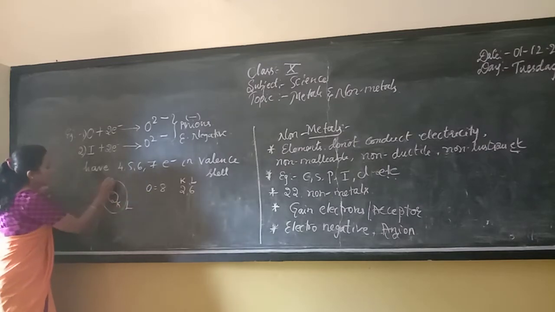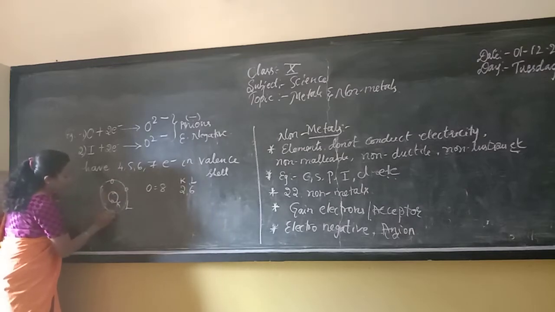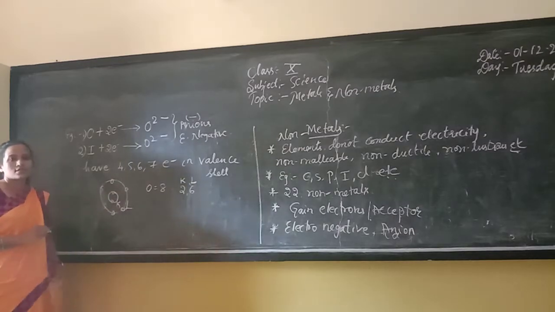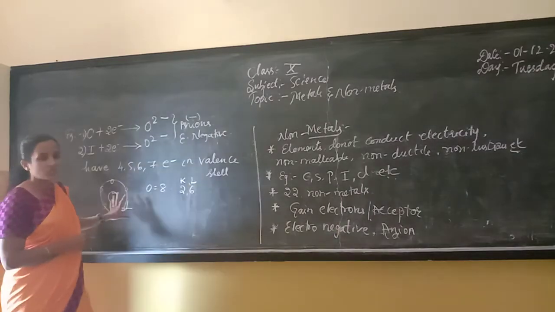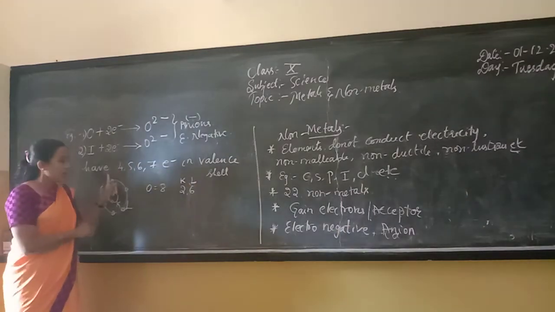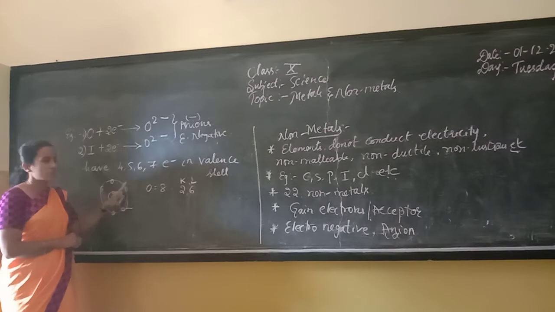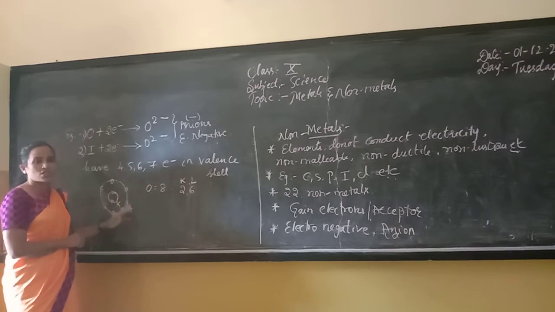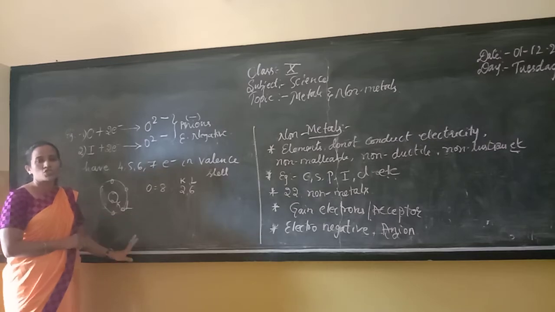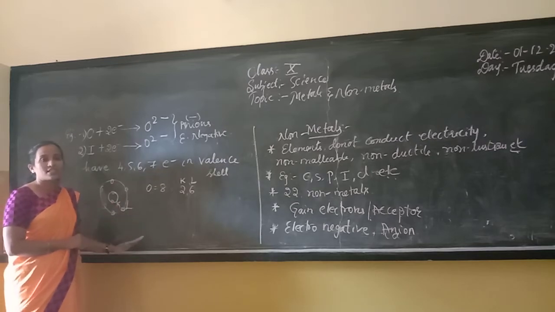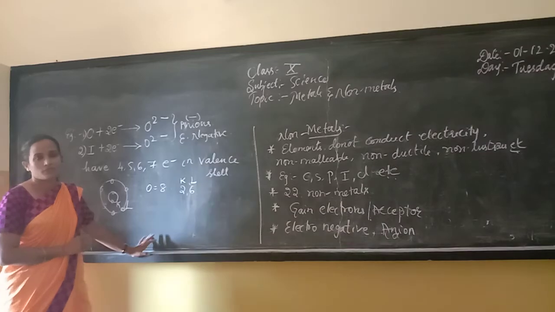Understood? So 2, 3, 4, 5, 6. See, it accepts the electrons. Those non-metals which have either 4 electrons in the outermost shell, 5 electrons, 6 electrons, or some non-metals have 7 electrons in the outermost shell, are all considered non-metals.